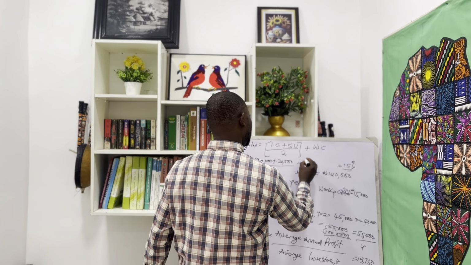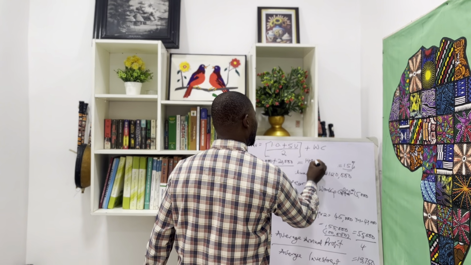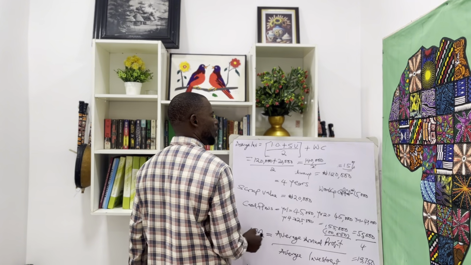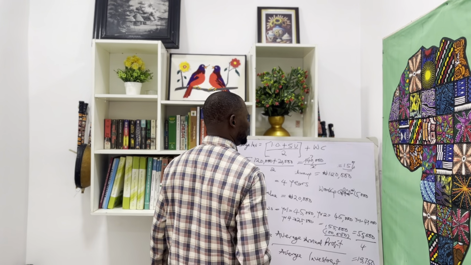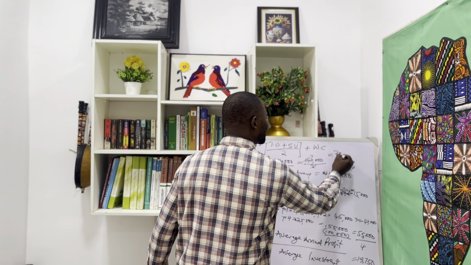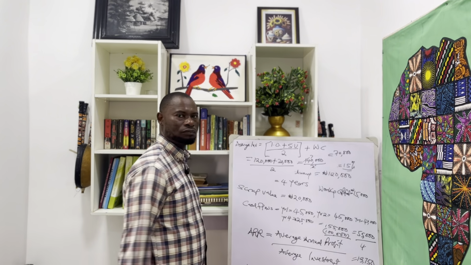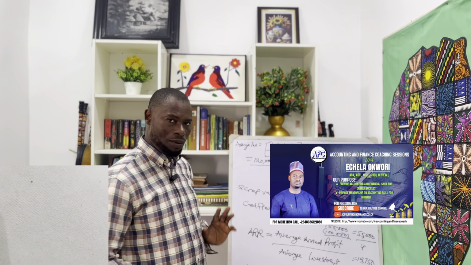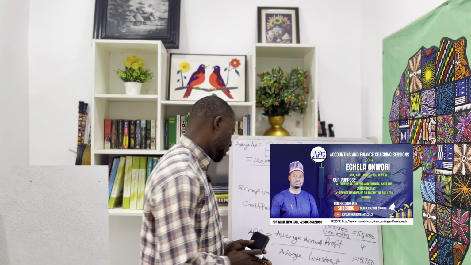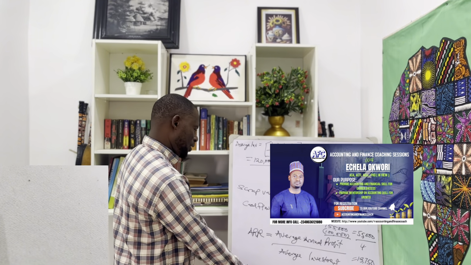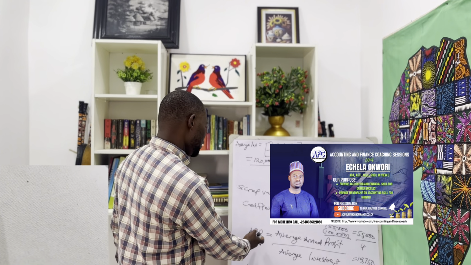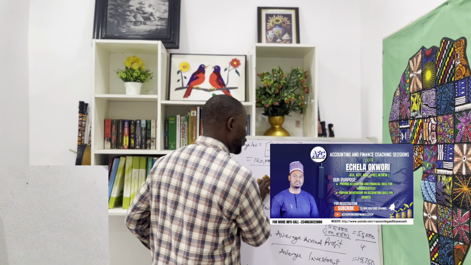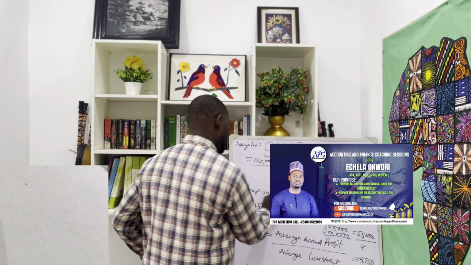You have 140,000 divided by 2, which will give us 70,000. Now we add the 70,000 plus the working capital, which is 15,000, and that will give us 85,000. So in all, our average investment is 85,000.